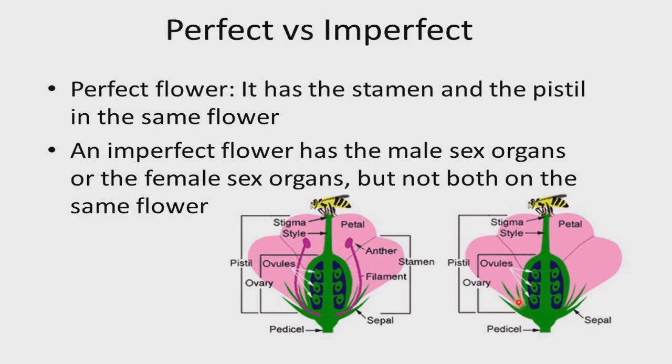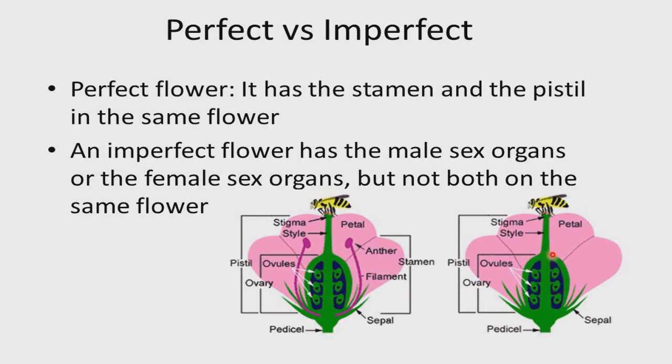The flower that has only one sex organ, either a male or a female sex organ. An imperfect flower is also called a unisexual flower. But we are going to go into that. We will look at it. Maybe from here I'll also tell you that an imperfect flower can also be called a monoecious flower.